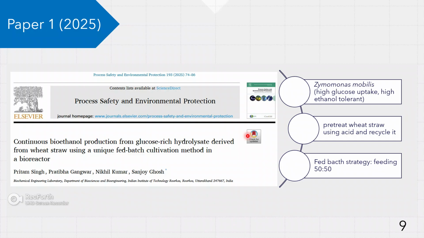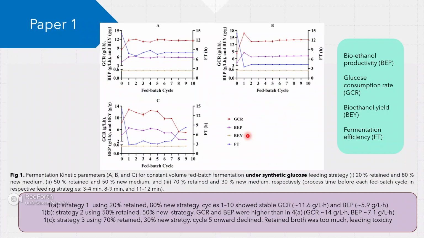They also pre-treated the wet straw using acid and recycled it to produce more glucose. For the fed batch strategy, they used different feeding amounts.